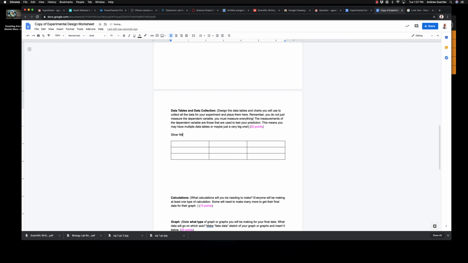So, mass of silver nitrate. Volume of water. Total volume of solution.